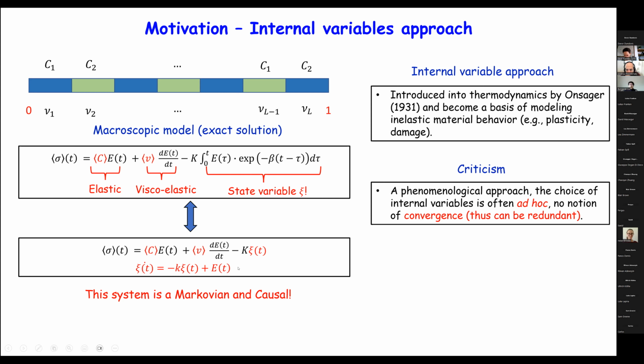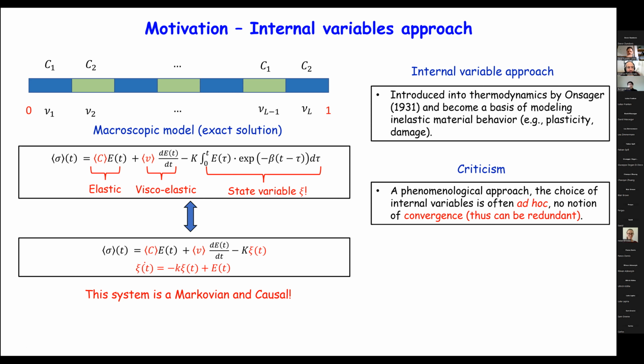So you can see that the box on top and the box on bottom are completely equivalent. This is the key idea of the internal variable approach: we use an internal variable to represent the history, path dependency, or memory of the material.